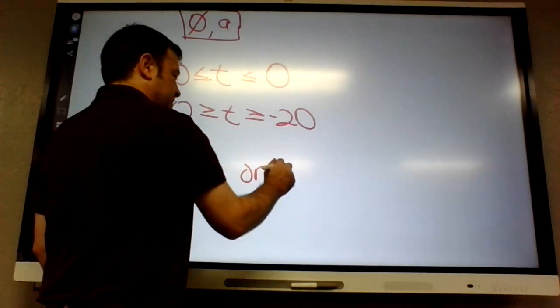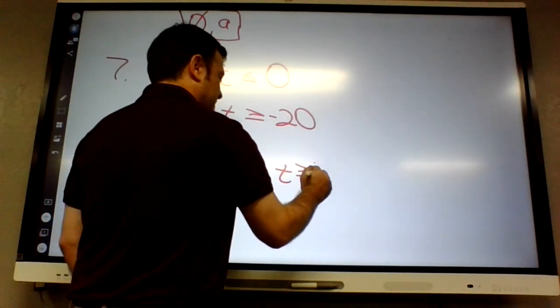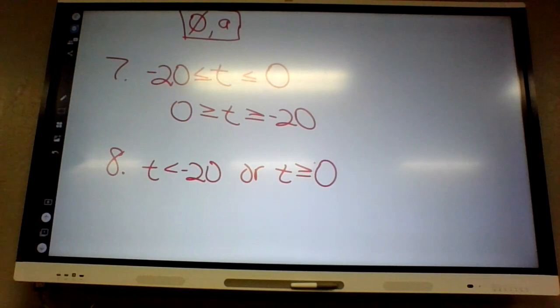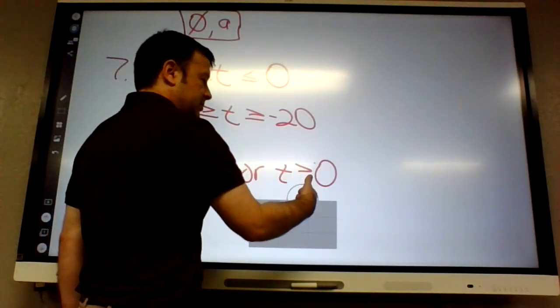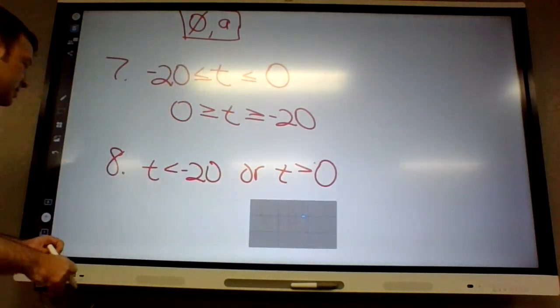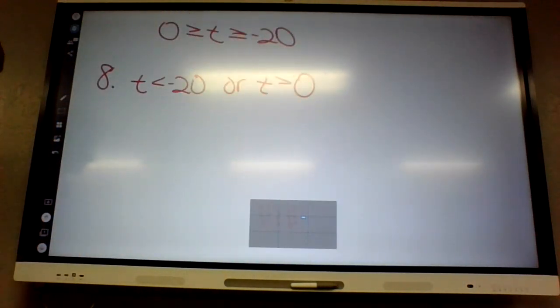That make sense? If they grow between 0 and -20, then they won't grow less than -20 or greater than 0. I'm not going to pay attention to the greater than or equal to thing on that because there's overlap.